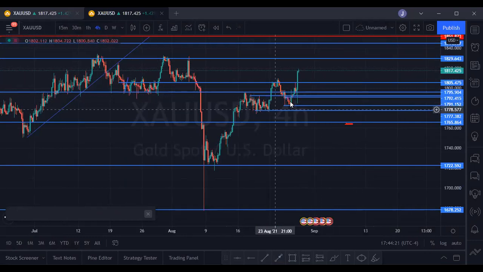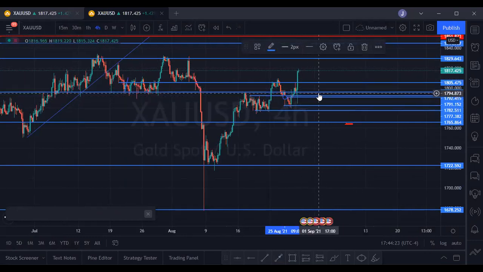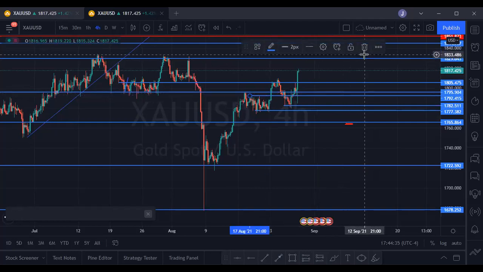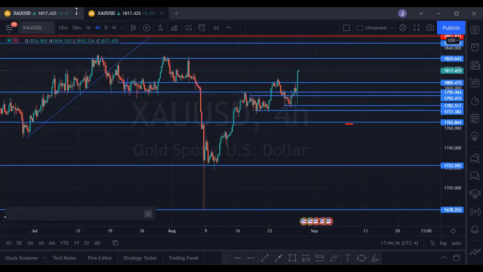I'm expecting gold to hit 1829, or possibly pull back to 1805 before the up move continues to 1829. So we'll be seeing something like this, or something like this point, then up on gold.